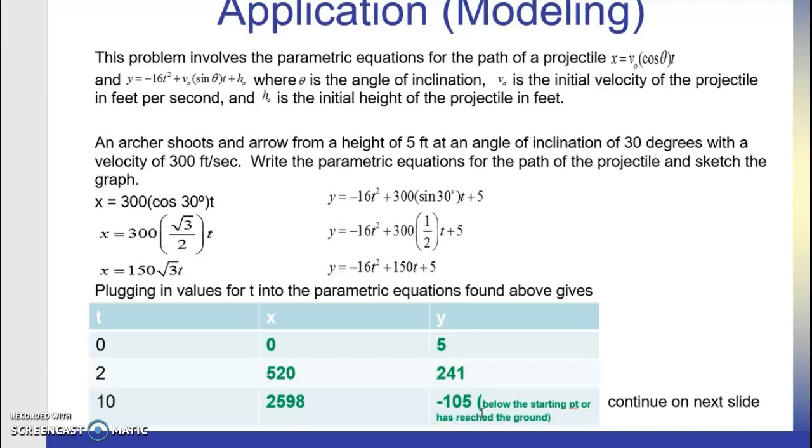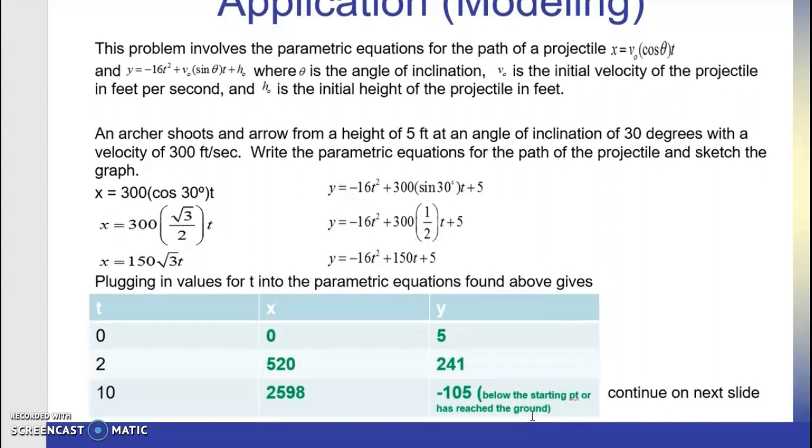So that basically tells us that the item has returned to the ground, that it's no longer in the air. Of course, if it was landing over a hole, this would be possible, or perhaps over the ocean or a lake, it could land 105 feet below the ground, but usually things are landing at ground level unless we're told otherwise.